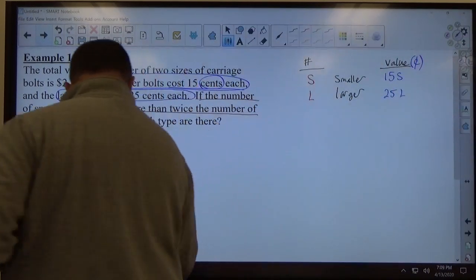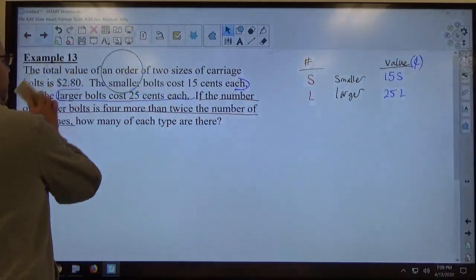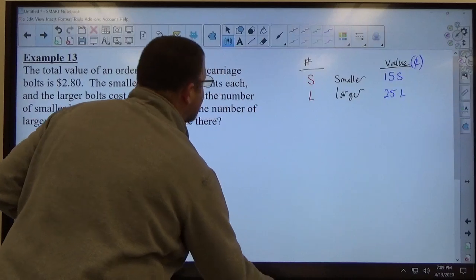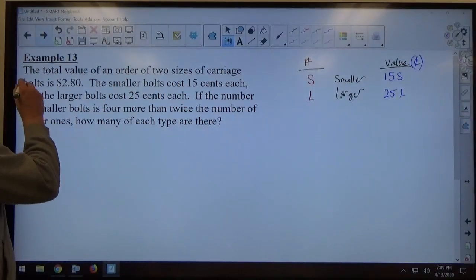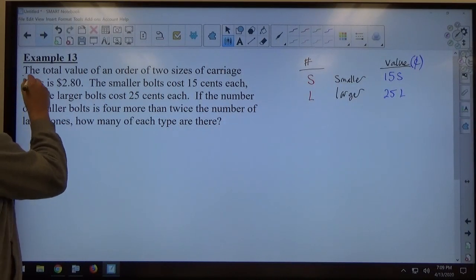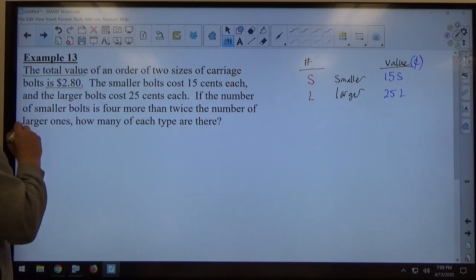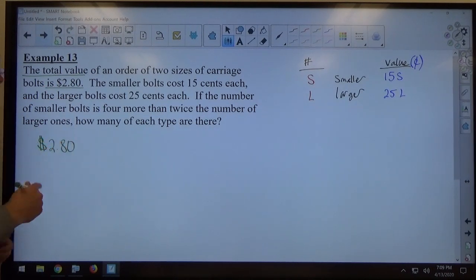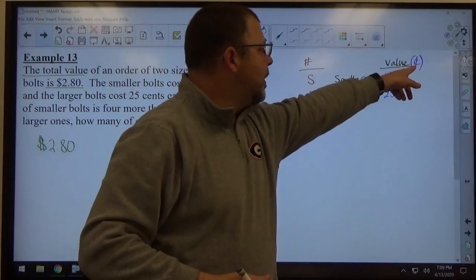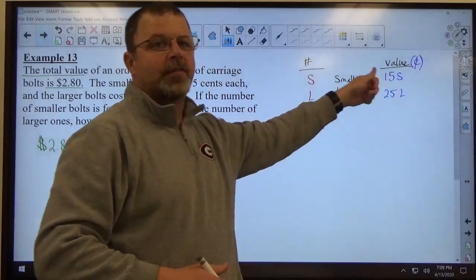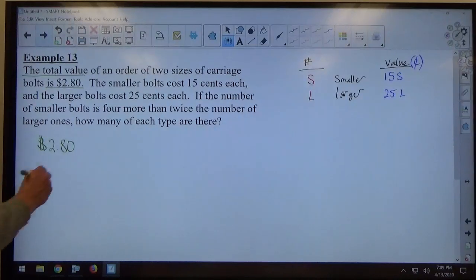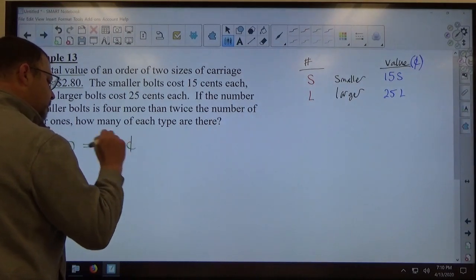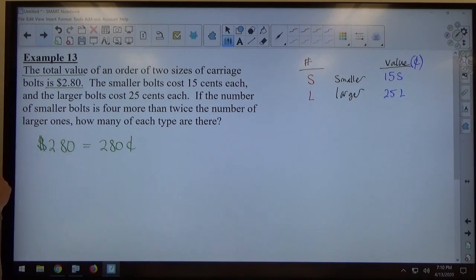Now, looking at the information they give me, my first fact is that the total value of an order is $2.80. Be careful: the currency in our unknowns is cents, and the value here is in dollars, so I want to convert this into cents. $2.80 is the same as 280 cents.